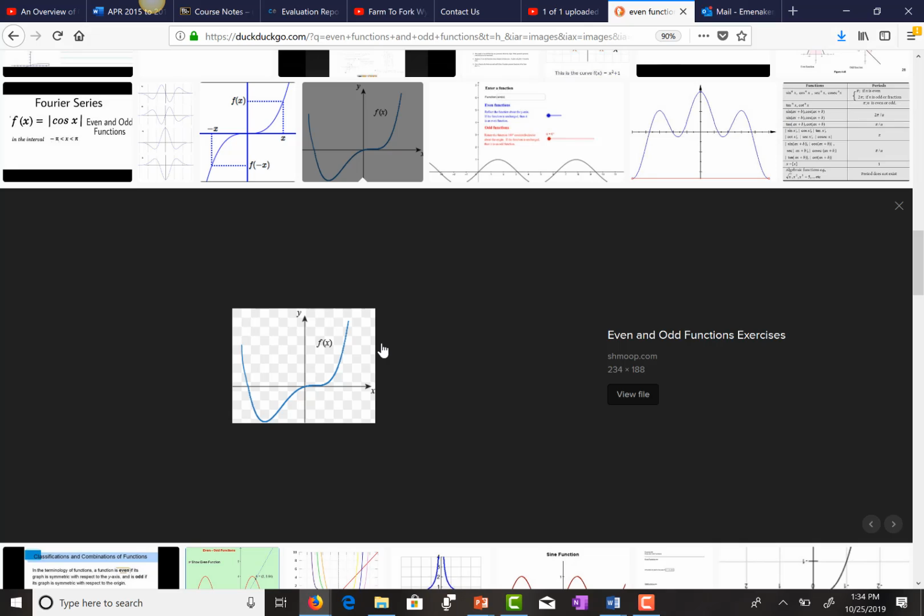If we drive a nail through the center at the origin and we rotate it 180 degrees, is it going to look like the same thing, or is it now going to look like a mountain? Okay, so it's not an odd function. Second, to be even, we could slice right along the y-axis. And if you slice right along the y-axis, do you get two of the same thing? Nope, so it's not even, it's not odd, and if it's not even or odd, it must be neither.